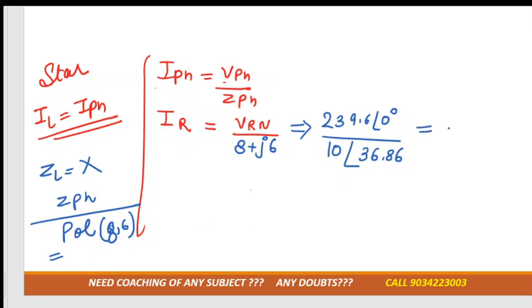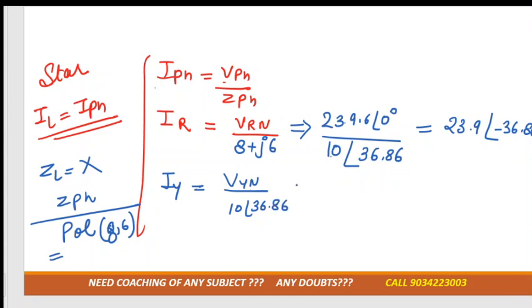Okay, so if we solve it, magnitude divided by magnitude, we'll get 23.9, and for division the angle is subtracted, so minus 36.86, ampere. Similarly, we'll calculate for IY. IY is VYN divided by, I'm writing directly in this form, 10 angle 36.86.